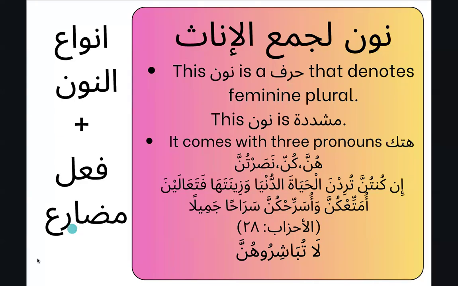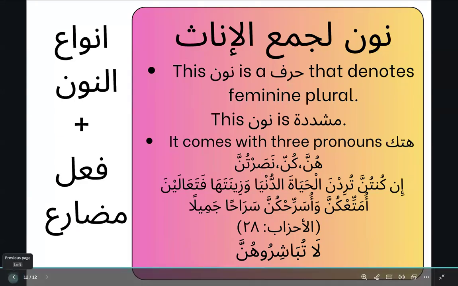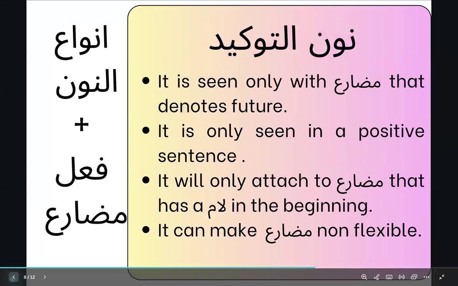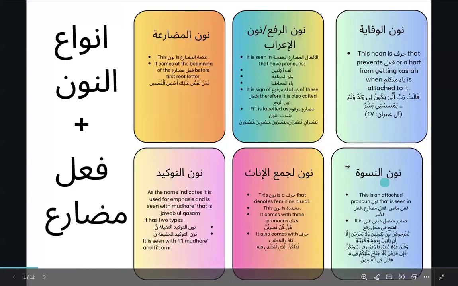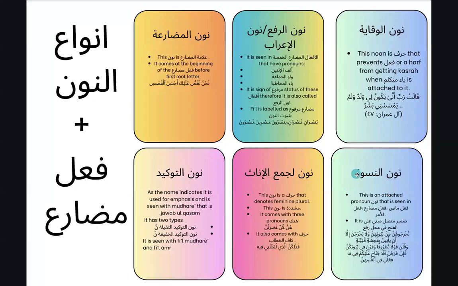An important fact and a take home point for each and every student of Quran is there are 2 types of noon that, when they attach themselves to fi'l mudari, make fi'l mudari non-flexible. First is Nunun Niswa. Yansurna, tansurna becomes non-flexible because of Nunun Niswa.